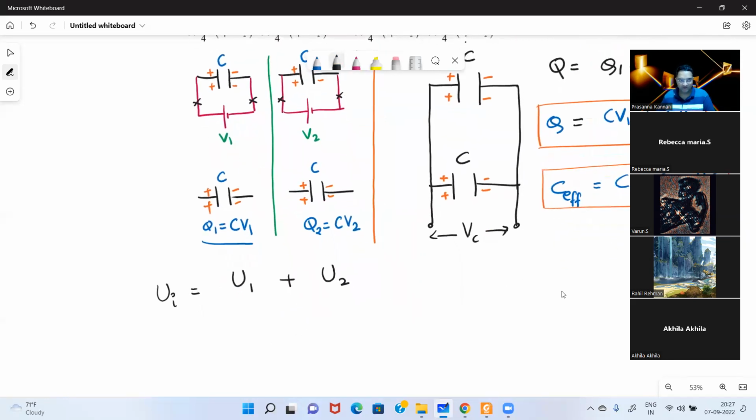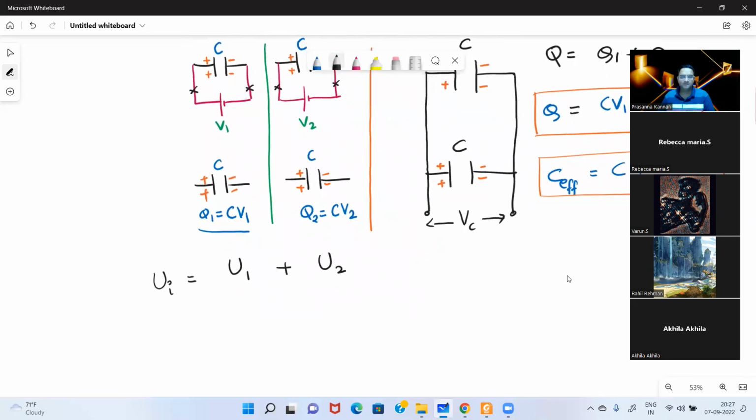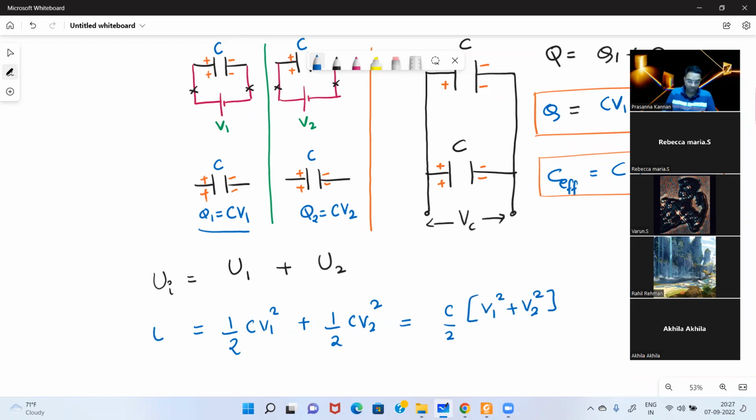What is the expression for energy stored in the capacitor? Half CV square. So this will be half into C into V1 square, and in this case half into C into V2 square. Therefore, your initial energy is going to be, I can take C by 2 outside, V1 square plus V2 square.